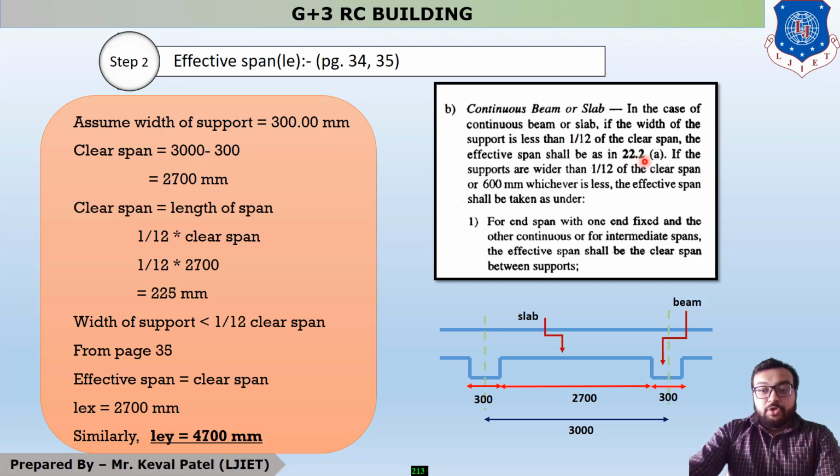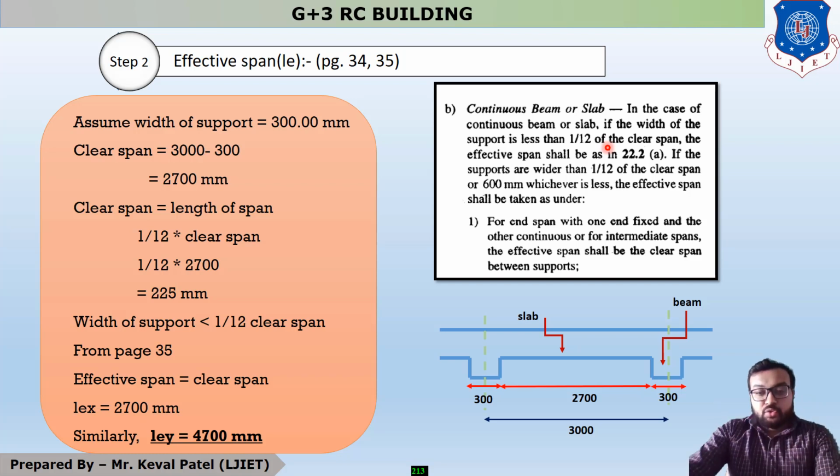Now the width of support should be less than 1 by 12 of clear span, where 1 by 12 is constant. So first of all, we have to find the clear span. What is the meaning of clear span? Students, your clear span is the inside to inside distance.